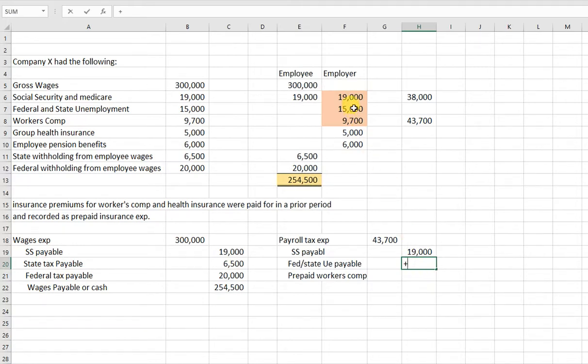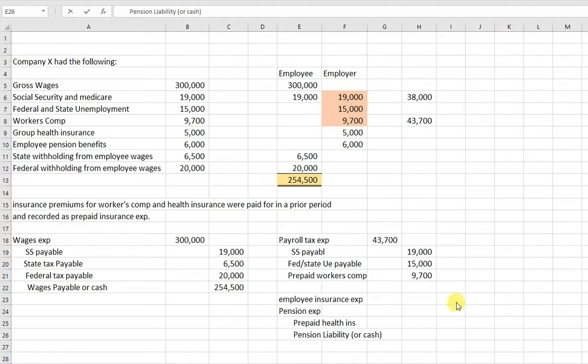You're going to write a check to federal and state unemployment for $15,000. And notice in the problem, it says they put those into prepaid insurance because they already wrote it. Otherwise, you would put them into workers' compensation payable, except that they just tell you they did this. So that is your three taxes for your payroll tax expense.